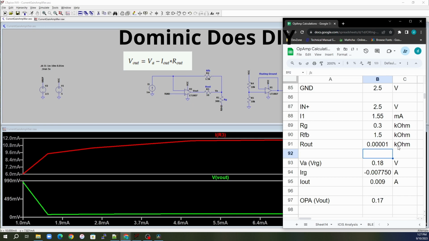I don't know why I chose to do this in kiloohms, but I'm not going to redo my formulas right now. So that's 10 milliohms that we have right there. And now you can see that as soon as I did that, it helped out a little bit, but not a whole lot, right? If I go back to the 10 ohms, you can see I got a 0.08.